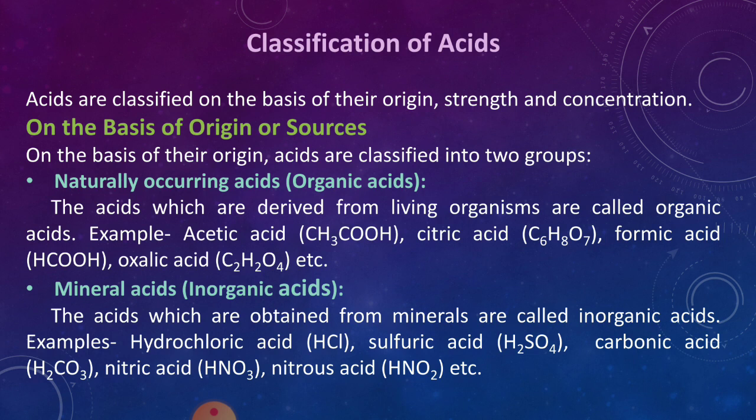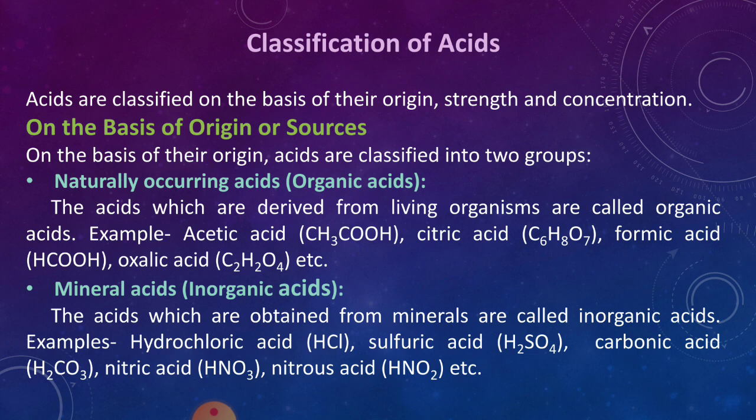means organic acids. So, as for example, acetic acid, whose formula is CH3COOH, then citric acid, formic acid, oxalic acid. These acids are produced in the body of living organisms and they are called organic acids. Now, mineral acids.